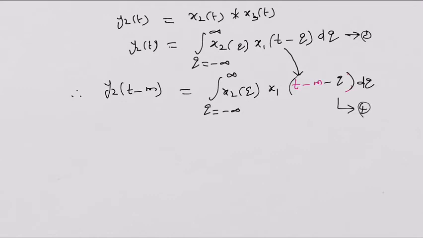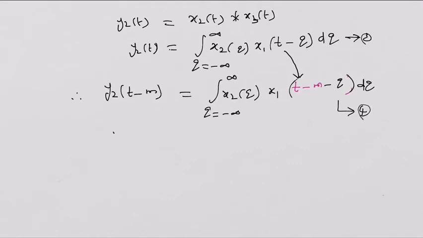So let me, as a whole, introduce what the LHS is. LHS is actually given by x1 of t convolved with x2 of t, and then the result of these two signals' convolution is convolved with x3 of t. Yes, that is how it is written.